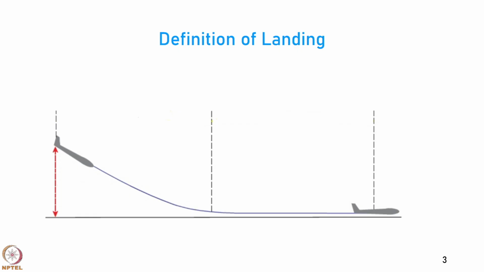Similarly, let us look at landing. Landing starts when the aircraft comes at a height called the screen height of 50 feet. From that point till the point it touches the ground is called a flare, and flare is very much a function of the piloting technique and also atmospheric conditions, center of gravity, and several other factors.